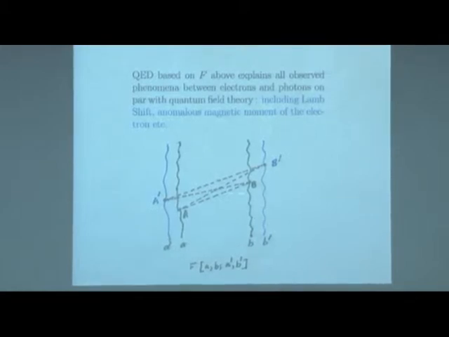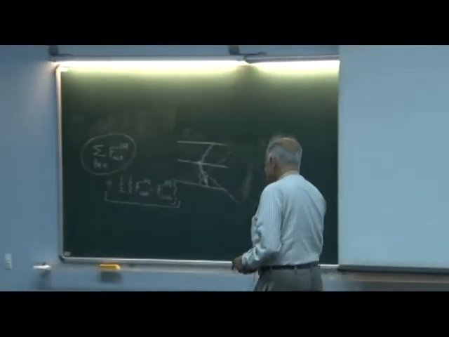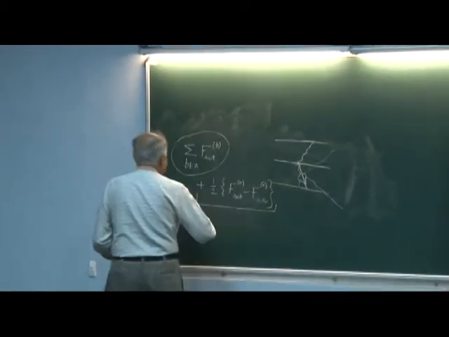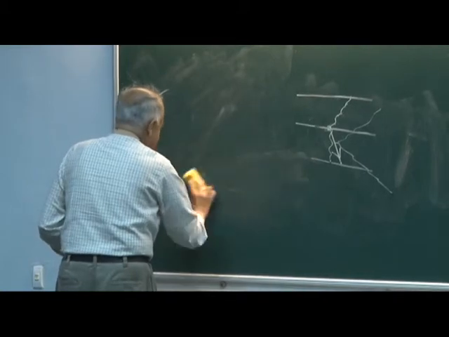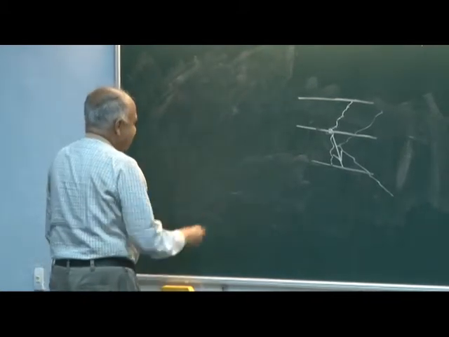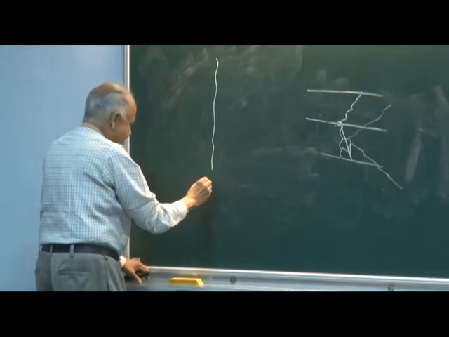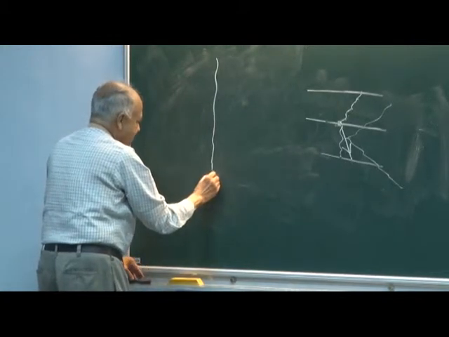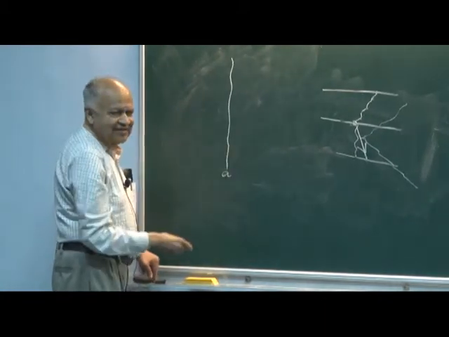But I want to now end by talking of one particular point which I have not yet brought out clearly, and that is the following. You see, classically we said that if this is an electron, let us call it A, then it cannot have any self action.